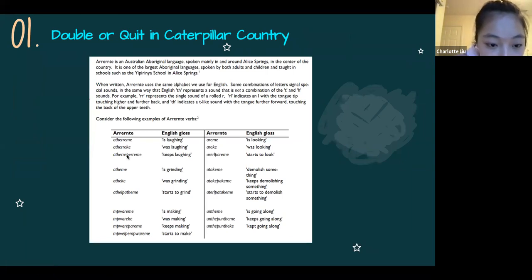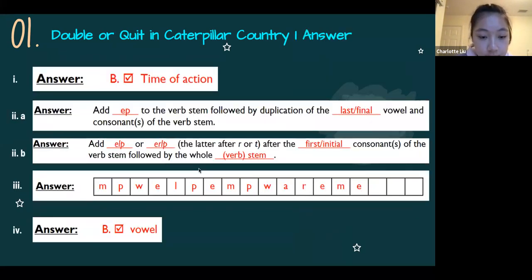So we see that first you add EP to the verb stem and then you duplicate the last vowel and consonants and then you add that to the verb stem. So you just look at these examples and then you find the pattern and then you write that down. Same thing goes with B, you just have to find the pattern.